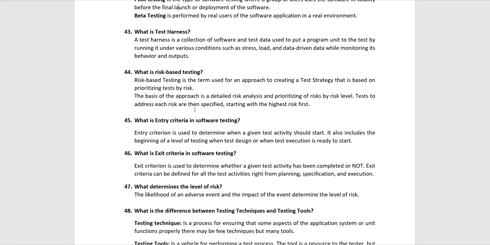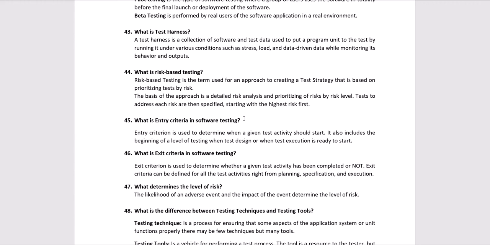Here, the basis of the approach is a detailed risk analysis and prioritization of the risks by risk levels. Tests to address each risk are then specified, starting with the highest risks first. So most of the time in risk-based testing, everything revolves around the risks which come up while testing the product. So this is also an important question an interviewer might ask in the interview.